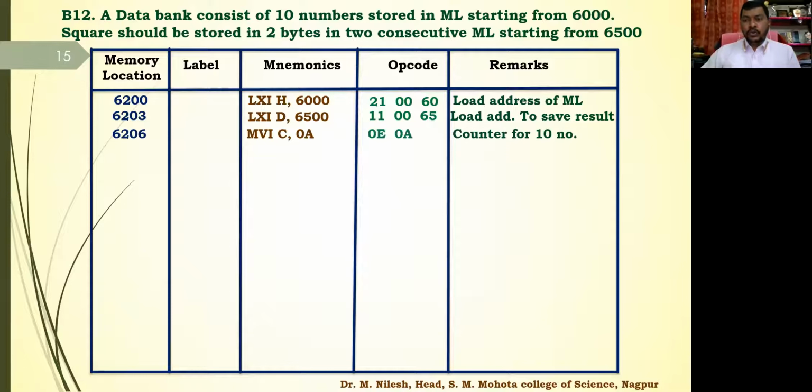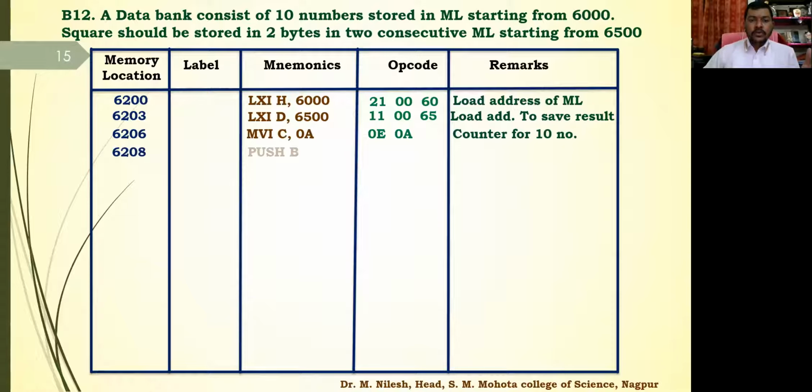Before calling the subroutine, what we need to do is push the content of register B and register C onto the stack. Here we have not actually loaded the stack pointer. We are expecting that we will be using the stack pointer by default, but yes, you can definitely load the stack pointer also.